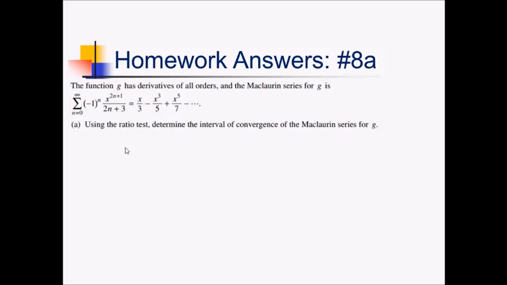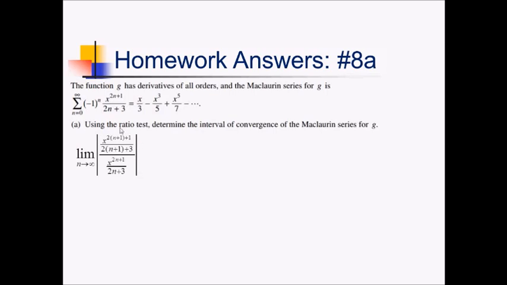We need the limit as n approaches infinity of the absolute value of the n plus 1th term, so that's x to the 2 parentheses n plus 1 close parentheses plus 1 over 2 parentheses n plus 1 plus 3. So a whole lot of n plus 1s in parentheses. All of that over just the nth term here. Now let's do same change flip, and I'm also going to simplify this a little bit.